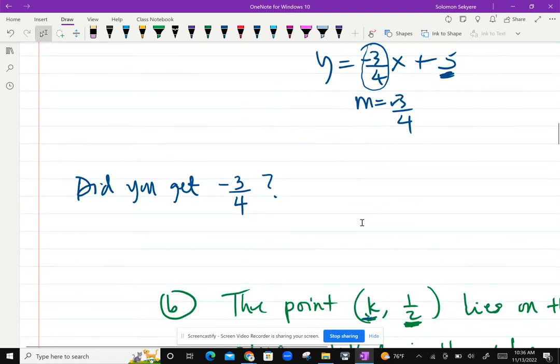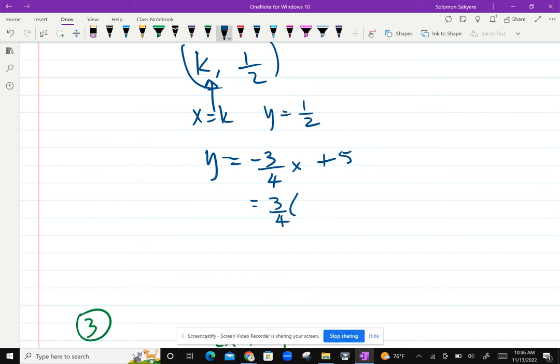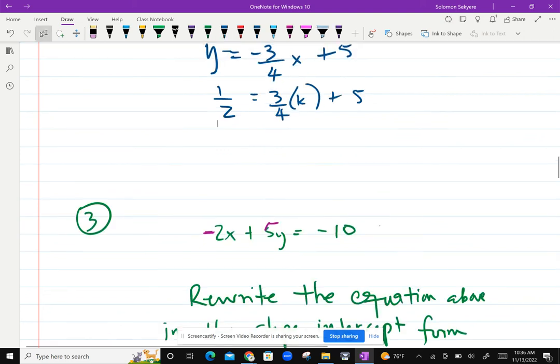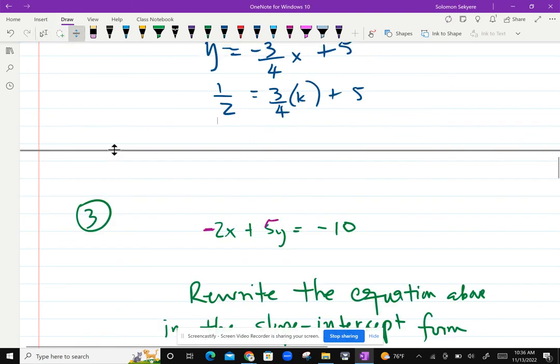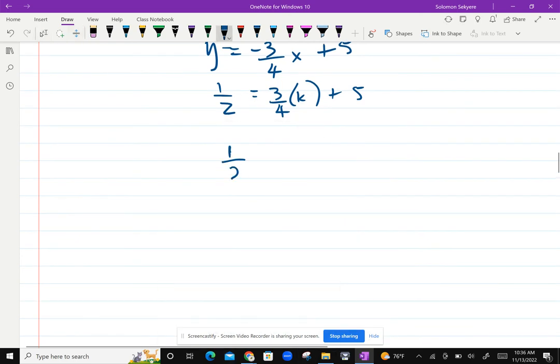The equation we have is y equals negative 3 over 4 x plus 5. So when x equals k, y equals half. We put it in the equation, and so we say 1/2 is equal to negative 3k over 4 plus 5.